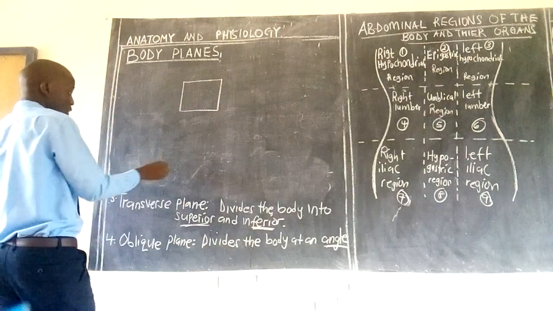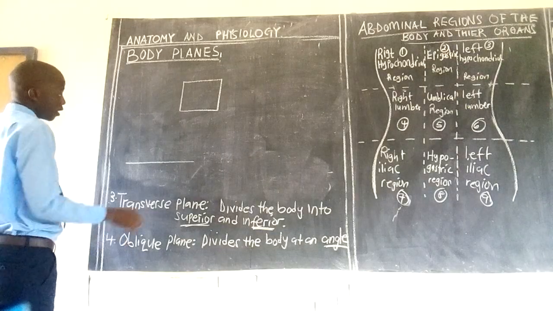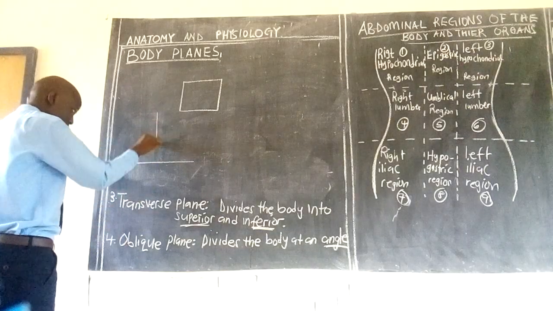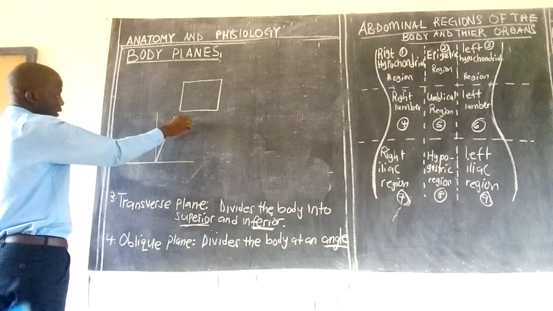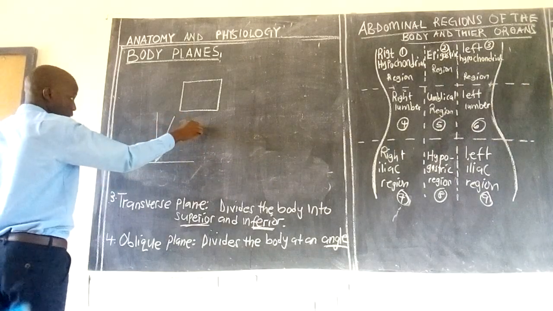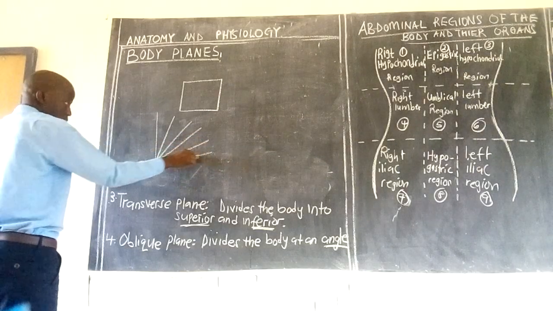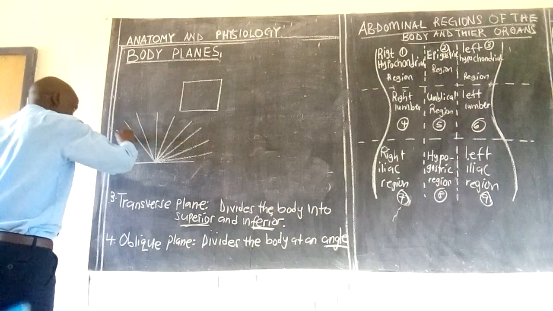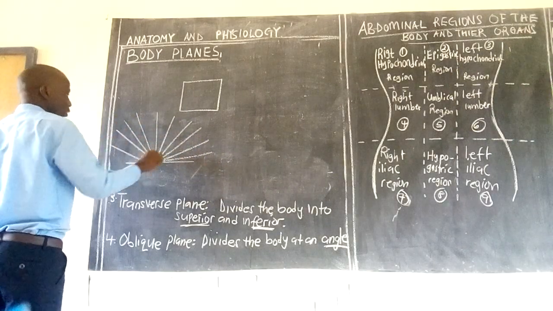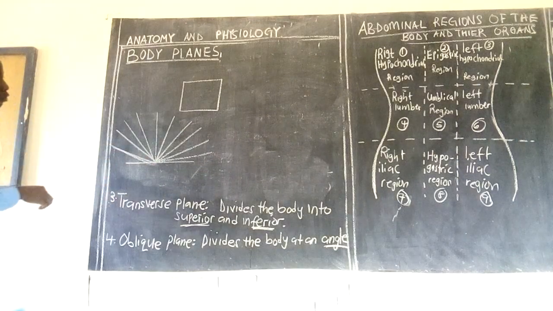If I'm to show how, if this is my horizontal line, this is the right angle. This can be at a 65 angle. This can be at 45, this can be at 30, this can be at 25, this can be at 15. So these are all angles that are acting at the imaginary point.